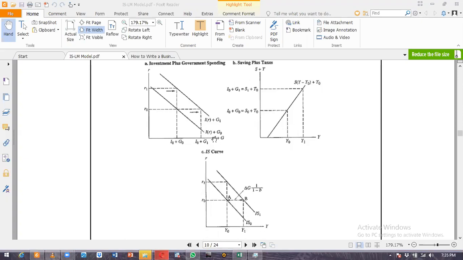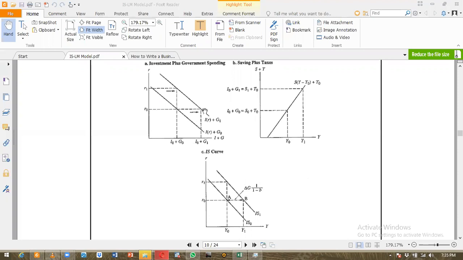How the change in government spending affects the IS curve depends on the change in government spending and the K. We will do the maths on this later so we understand the maths part better. Here we are just looking at the graph. So when J increases, it is causing a rightward shift in the IS curve.